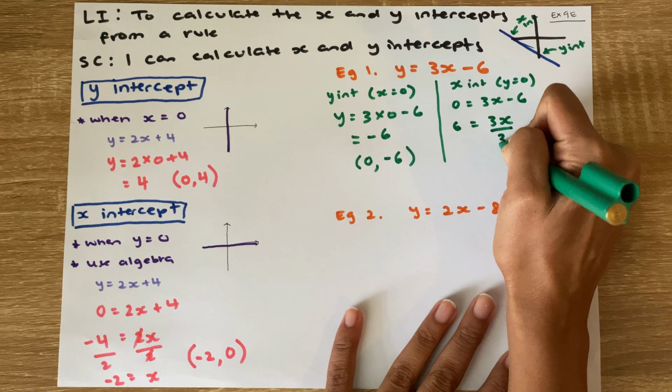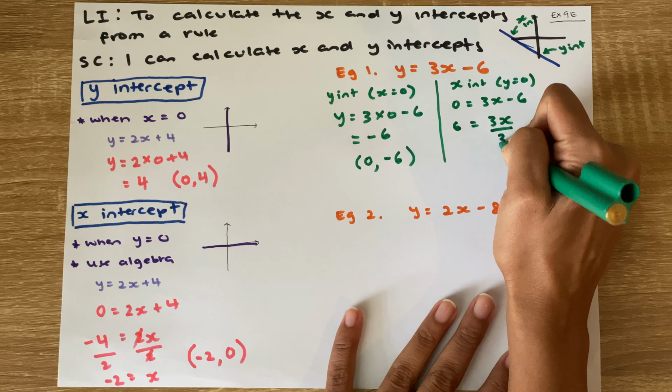All right, so I draw my 2 axes, x and y. My y-intercept is at negative 6. So we're going to go negative 1, negative 2, negative 3, negative 4, negative 5, negative 6. Let's make this a bit bigger. Negative 6, I'm going to draw my point. And then my x-intercept is horizontally, and that's at x is 2.